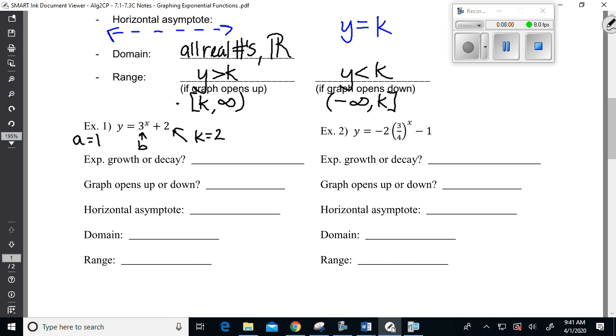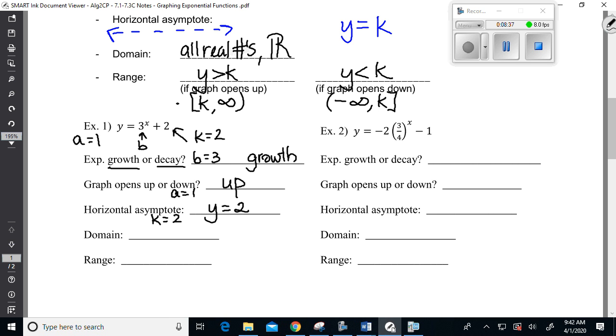So, exponential growth or decay: b is equal to 3, that's greater than 1, so this is growth. Graph opens up or down, that's based off of the a value. A is equal to 1, that's positive, so the graph opens up. Horizontal asymptote is based off of the k value. K equals 2, so y equals 2 is the horizontal asymptote.